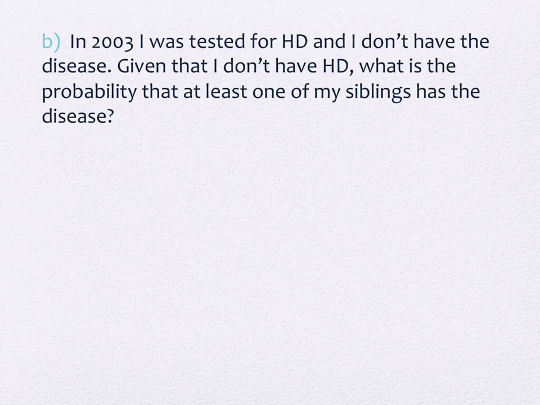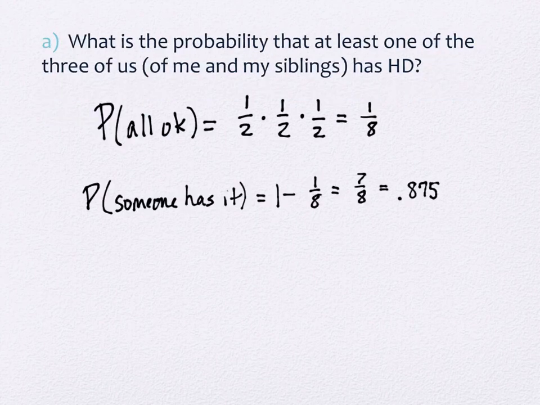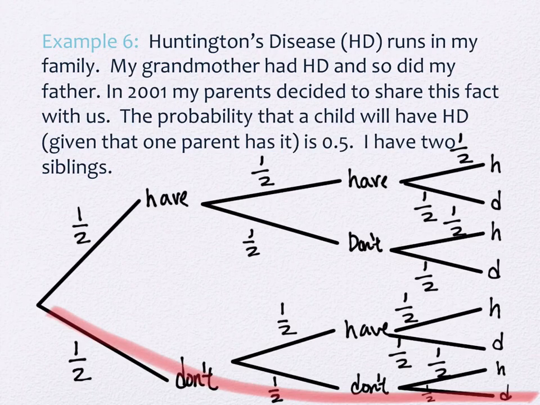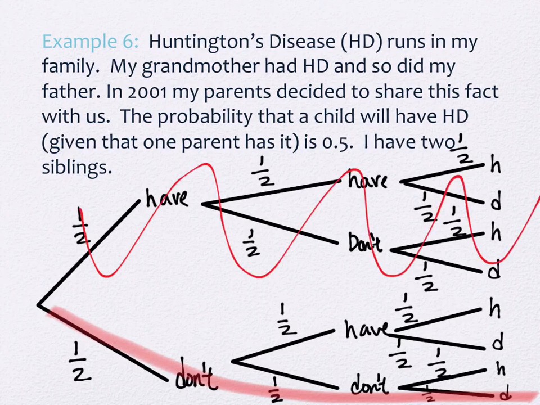So the second question on this right here asks, what about my siblings still? I don't have Huntington's disease, and what that means in terms of this diagram that I drew over here is that everything on the top half doesn't exist because I don't have it. And while you could still do this bottom part of the diagram, this 1/2 wouldn't exist anymore.